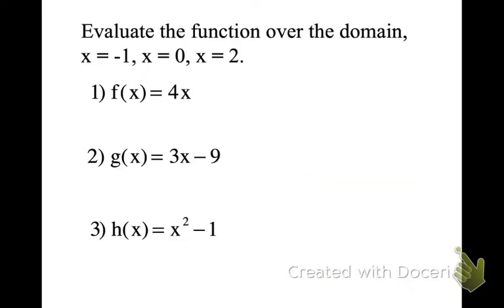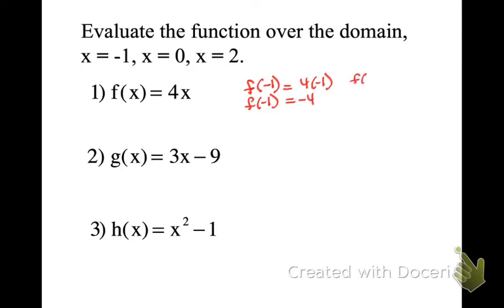All right, evaluating the function over a domain. I don't know if you remember, it's a little bit of a pain, but we have to write this 3 times. So I have to substitute it in 3 times. The f of negative 1 equals 4 times negative 1. So the f of negative 1 equals negative 4.